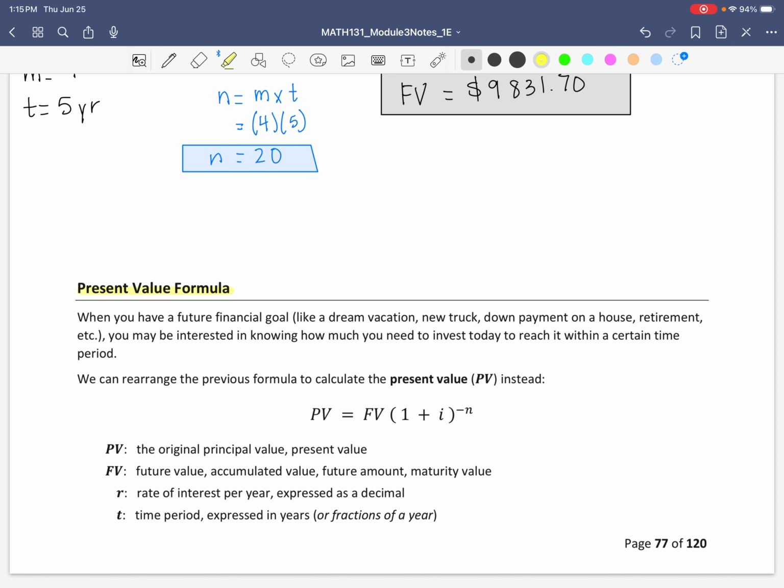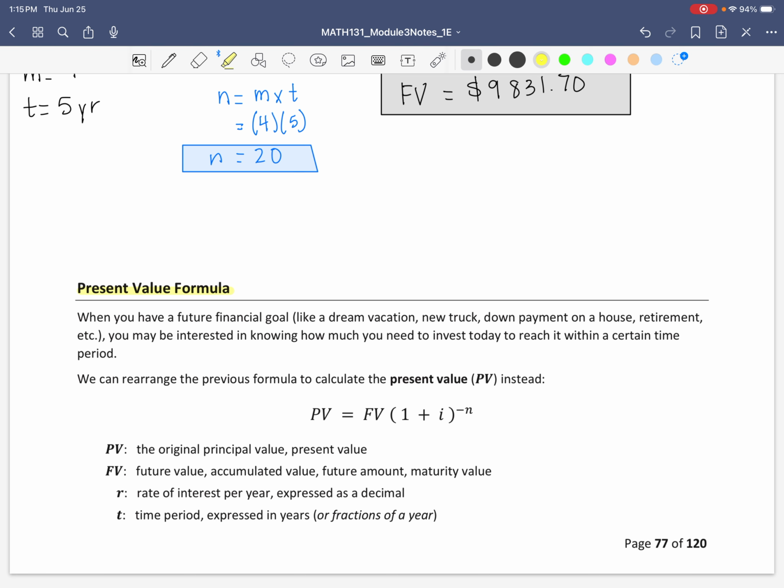So essentially our initial principle. When you have a future financial goal, like maybe you're trying to plan for a vacation, making a big purchase like a house or maybe a car or even retirement, you might be interested in knowing how much you need to invest today in order to reach that goal of how much money you want in a certain amount of time.